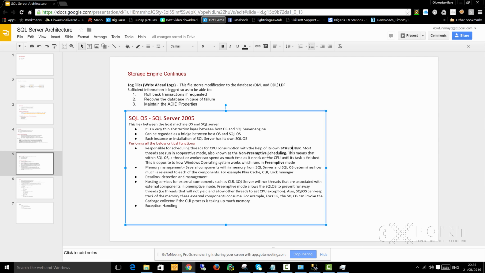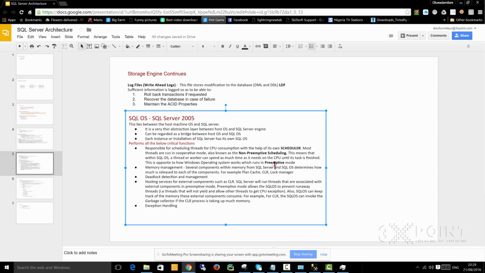So SQL Server has its own scheduler that manages who uses the CPU at a point in time. And this is where the SQL OS comes into play. And you will find out that most threads are run in cooperative mode. And what do we mean by that? Now, there's a concept called non-preemptive and preemptive.